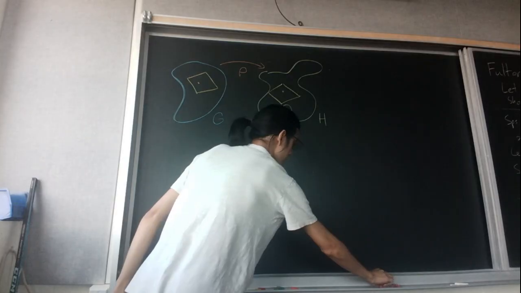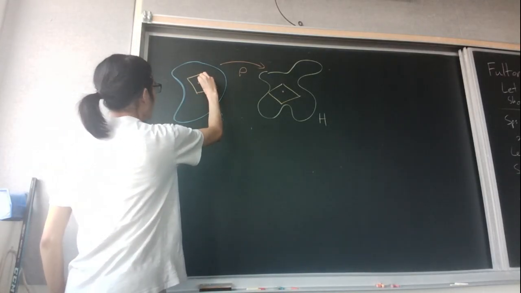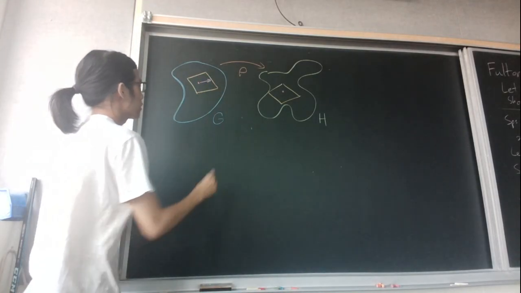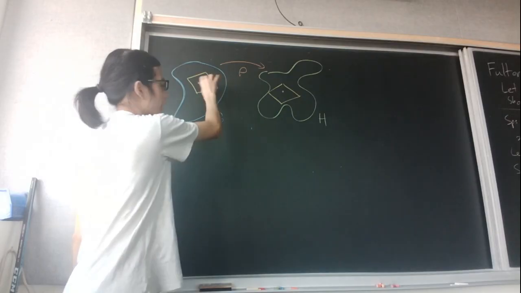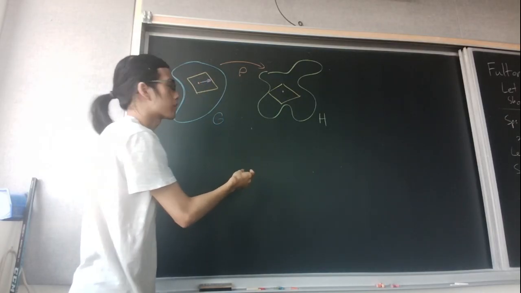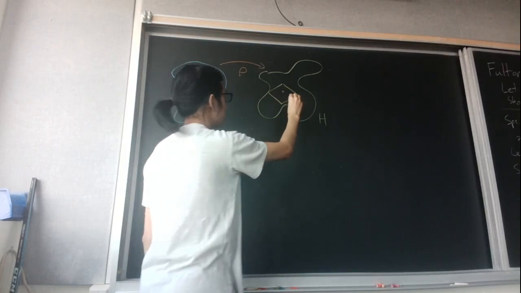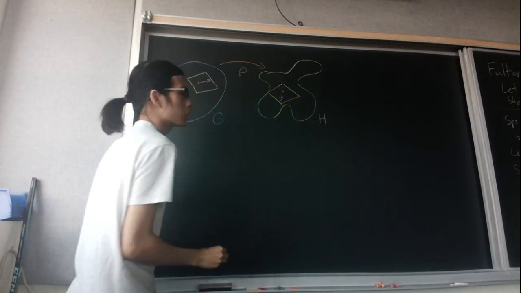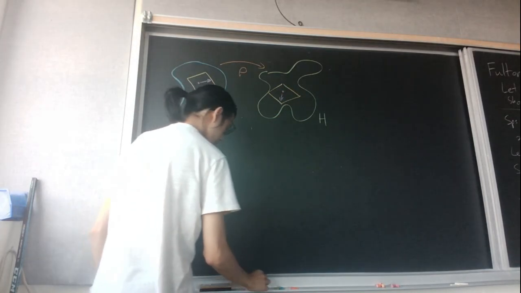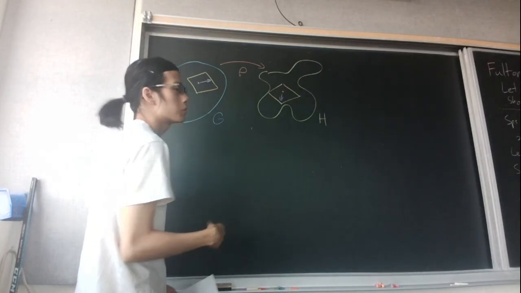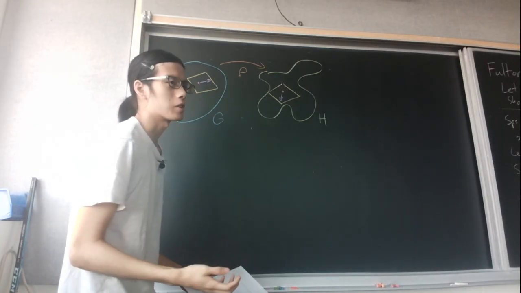Rapidly running out of colors. Okay. And we're basically going to ask the question, okay, this is a tangent vector. We have some underlying map on the group here. This tangent vector should, in some sense, go to somewhere here in the other tangent space. But how do we do this with derivatives?